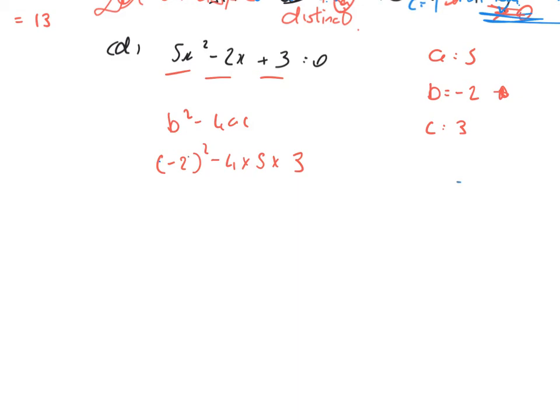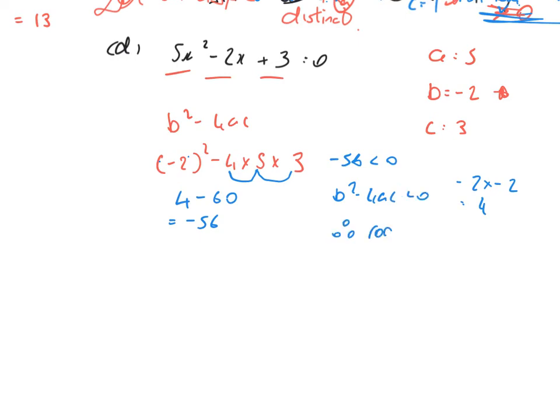Minus 2 squared is minus 2 times minus 2, that's plus 4, minus 4 times 5 is 20, and 20 times 3 is 60. 4 minus 60 is minus 56. Minus 56 is less than 0. So that means that the discriminant is less than 0. Which means what? Therefore, the roots are non-real.